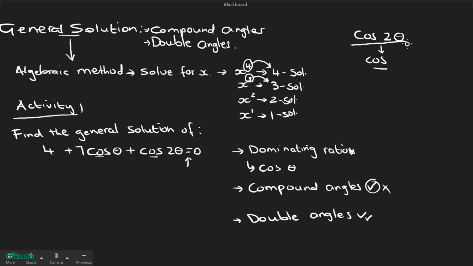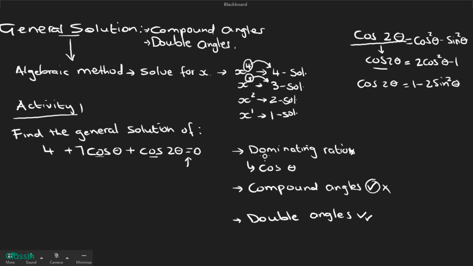Cos 2 theta has three forms: cos squared theta minus sine squared theta. We can also write cos 2 theta as 2 cos squared theta minus 1. We can also write cos 2 theta as 1 minus 2 sine squared theta.